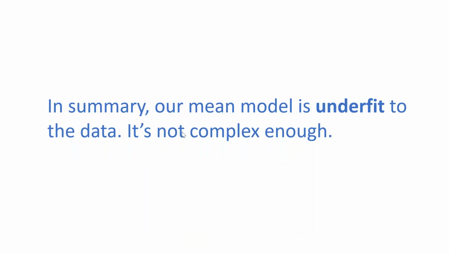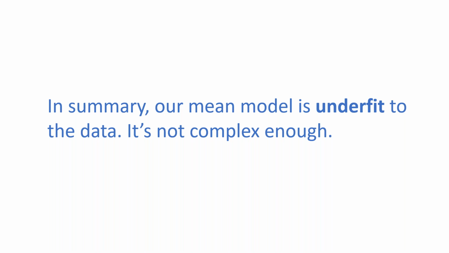In summary, our mean model is an example of an underfit to the data. It is not complex enough because we did not give it enough flexibility. Based on that inherent capability, it creates a model, and that determines its accuracy.